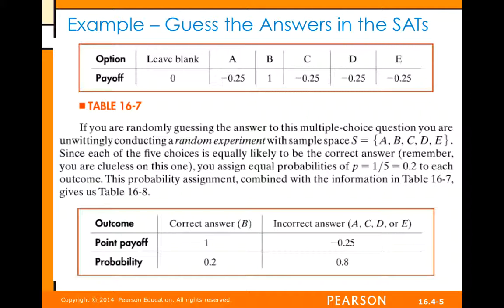So if B is correct and you take a guess, you get 1 point if you've guessed B. And the probability of guessing B is 1/5, right? 1 option out of 5. If you guess any of the other four, your point payoff is negative a quarter of a point, and you're going to get that payoff with probability 80%. Right? So there are 4 out of 5 wrong options. So if you just guess, you have an 80% chance of losing that quarter point.